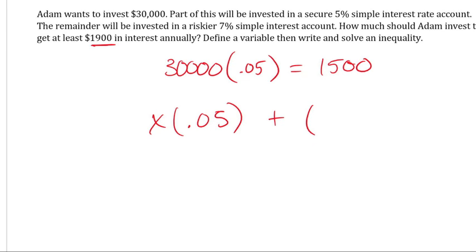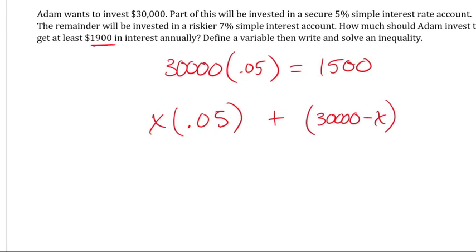Like if X is 10,000, the other one's 20,000. If he invested 15,000, the other one's 15,000. It's always going to be 30,000 minus X, because these two add up to the $30,000.